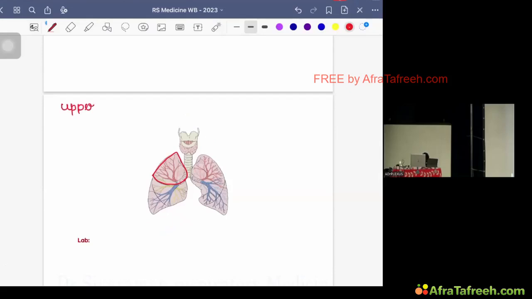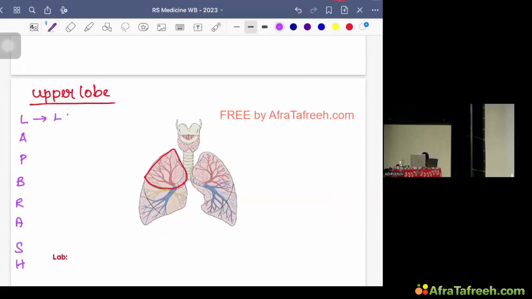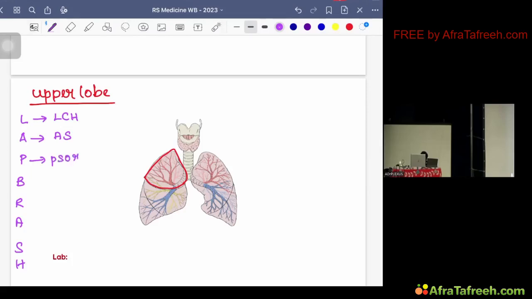Whenever they ask upper lobe predominant interstitial lung disease, the causes can be LAP brush: LCH, in our rheumatology we saw ankylosing spondylitis, then we saw psoriasis, then berylliosis.